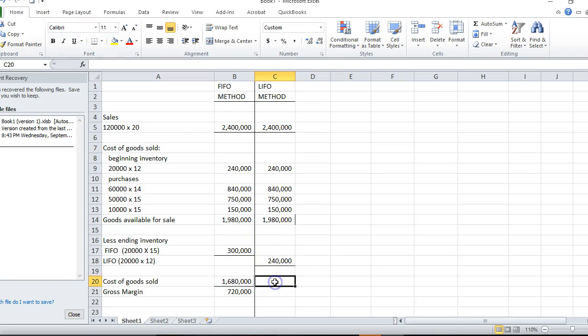So our cost of goods sold are going to be our goods available for sale minus our ending inventory, or cost of goods sold of 1,740,000. Our gross margin will be our sales minus our cost of goods sold, or gross margin of 660,000.